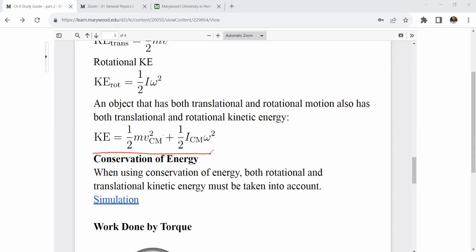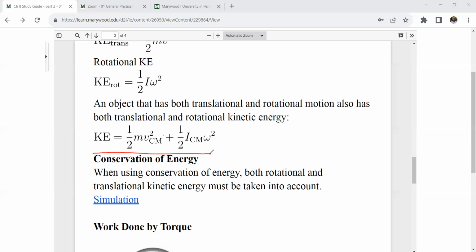If we use conservation of energy where rotation is involved, then make sure you use both kinetic energies, rotational kinetic energy and translational kinetic energy. We'll solve some problems, and while solving them it will probably help you to better understand.